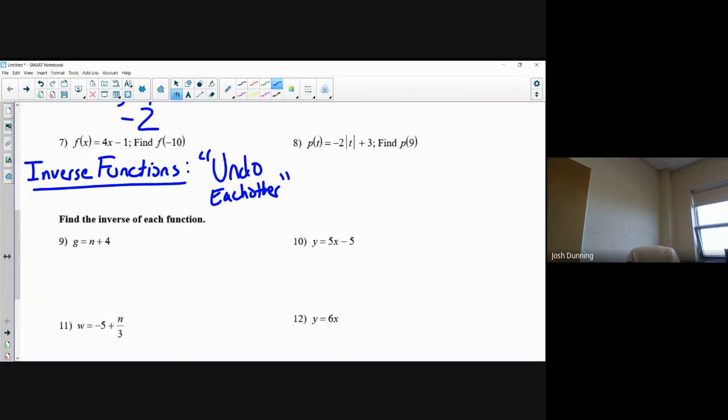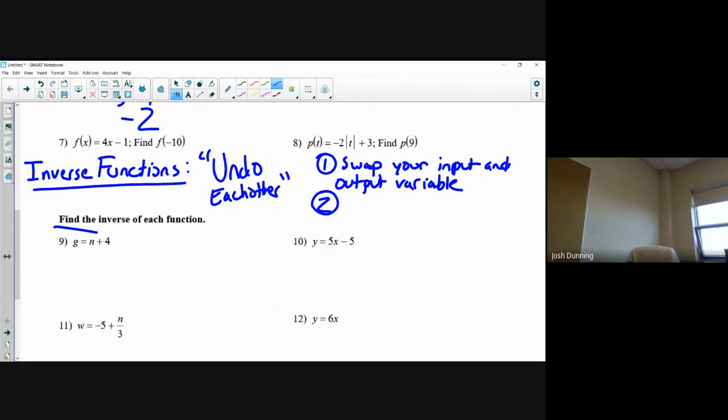Now the steps for finding an inverse, and this isn't that bad. Steps are: swap your input and output variable. Literally just swap it.